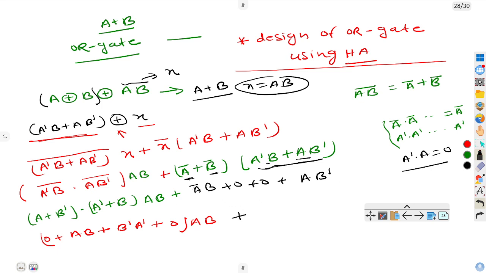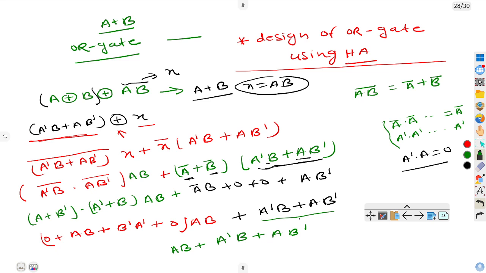Okay, plus here, how much will we get? A bar into B plus A into B bar. Okay, so you multiply with the help of AB, that is AB. And if you multiply this completely it is 0, because B bar is there now and A bar is there, this is 0. So you can write this expression as A bar into B plus A into B bar. I hope you are understanding.